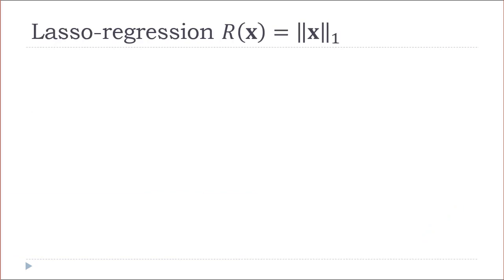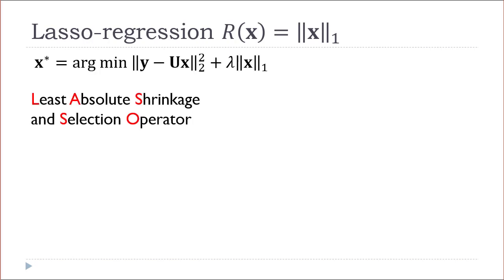There are of course many other choices for the regularization function, and one of them is the L1 norm regularizer. This particular problem is actually referred to as the lasso, or least absolute shrinkage and selection operator. As compared to ridge regression, here we are penalizing the sum of absolute values of the parameters.